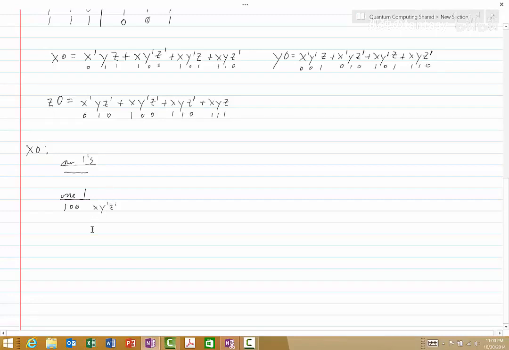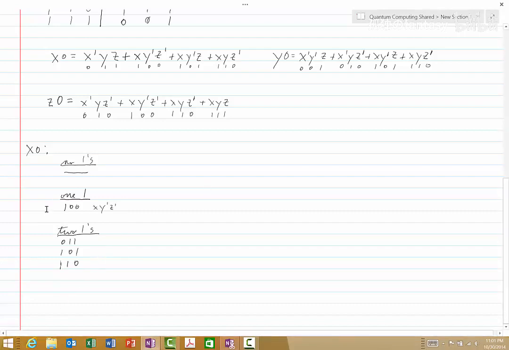And then we have two 1s, and that actually is the rest of the terms. So we have 0, 1, 1, 1, 0, 1, and 1, 1, 0. Those are the rest of the terms there for x0.